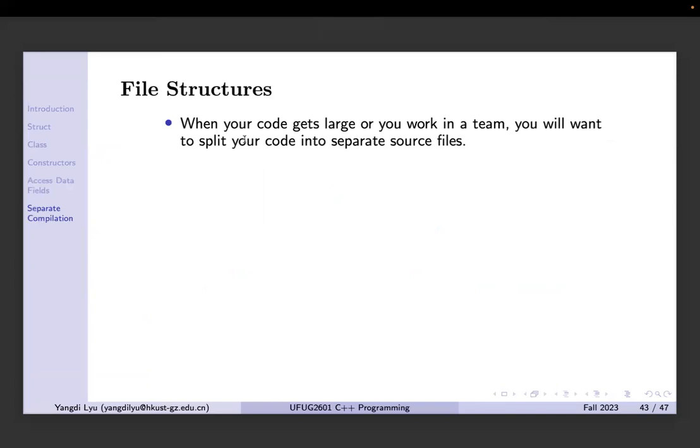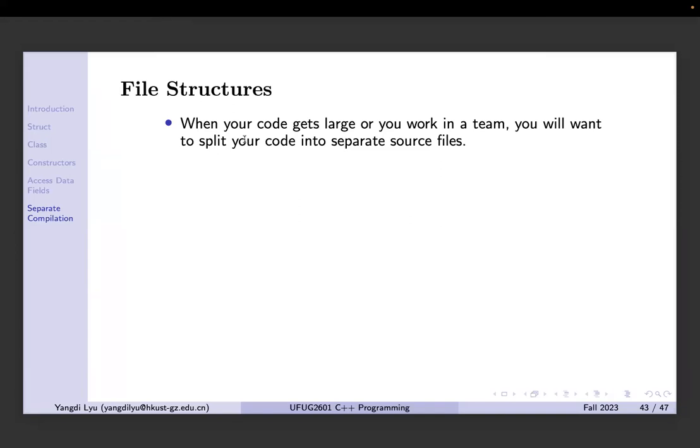All right, file structures, we have already said that. Especially when you are working in a large team, you want to split your code into separate files, with everyone implementing different classes, and what needs to be agreed on is the header files, especially the interface of each class.